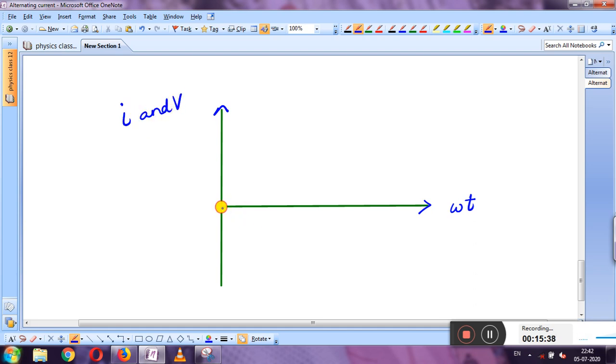Suppose this graph in blue color represents the value of voltage. You can see voltage is 0 at this place, here it is maximum, here again it is 0, at this place again it is maximum, and at this place again it is 0.